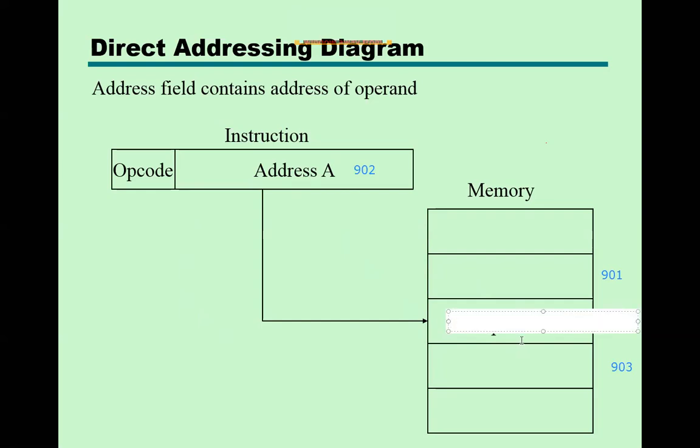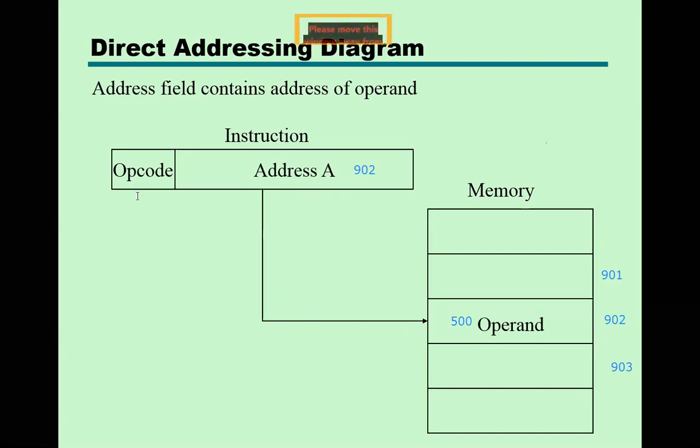For example, if the value is 500, suppose the instruction is add address A. Address A is pointing to 500. So whatever the value is in the accumulator, this 500 is added to the accumulator value.